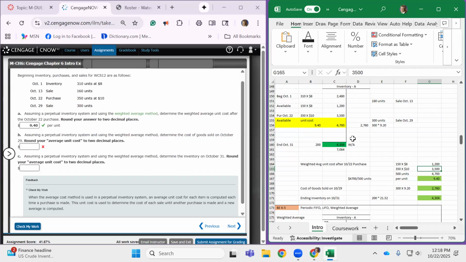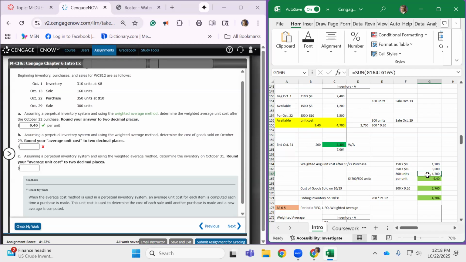Okay, let me just make sure I'm calculating this right. We had 310 units. Then we sold 160. That left us with 150. Then we purchased 350 more. So 150 plus 350 is 500. Yes. So we have 500 units.